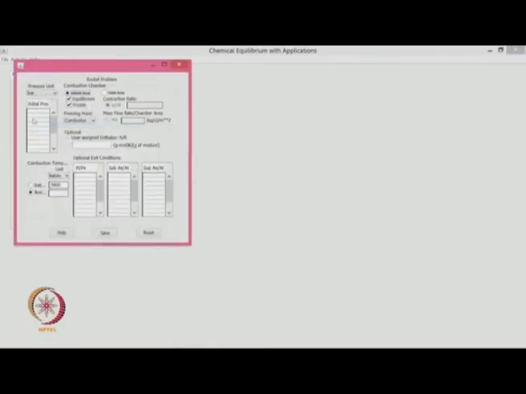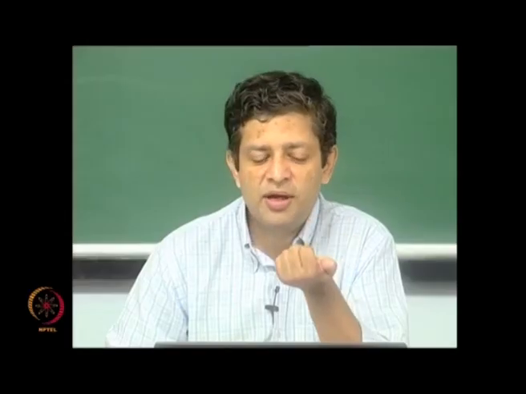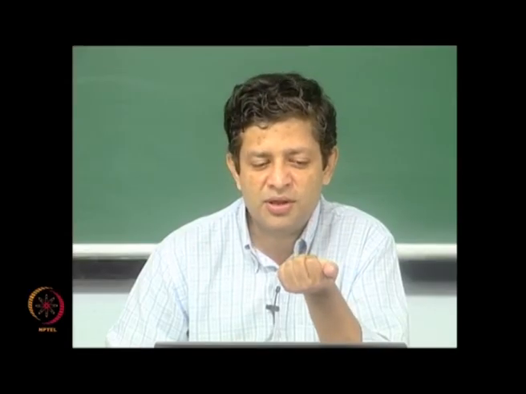One is the rocket problem that is of interest to us, that is here. Then in addition to that, it can solve the combustion problem, that is if you are holding internal energy and volume constant, or assigned temperature and volume being constant, or enthalpy and pressure being constant.